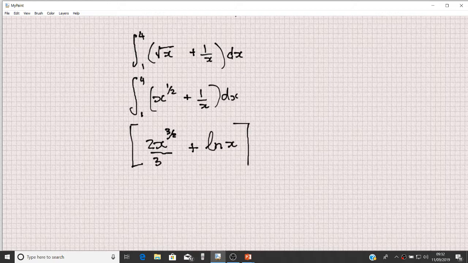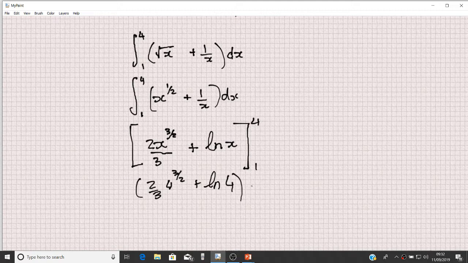And I write my limits. 4 is the upper limit, and the lower limit is 1. So subbing in my limits, I have 2 over 3 times 4 raised to the power of 3 over 2, plus ln 4.